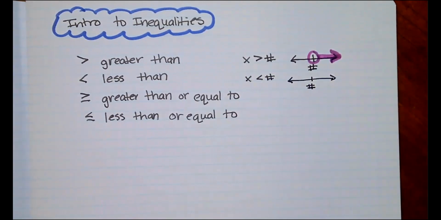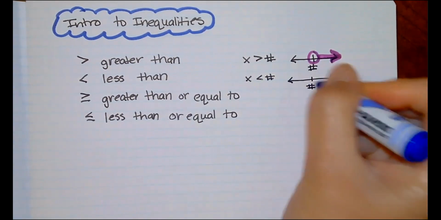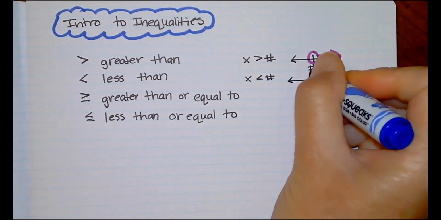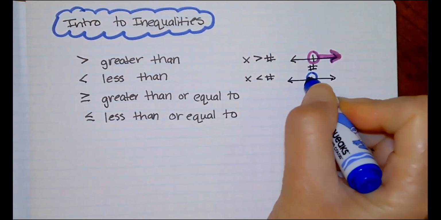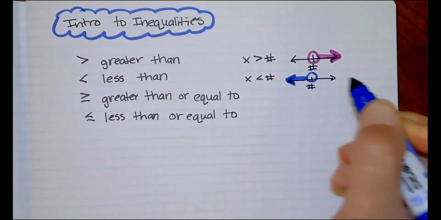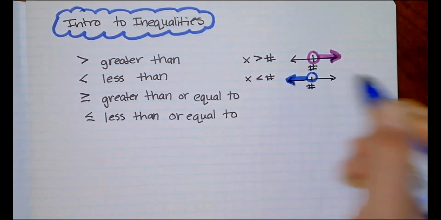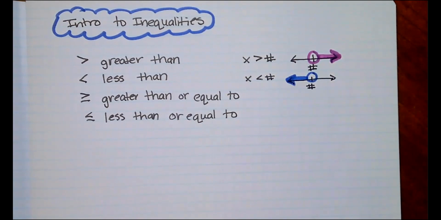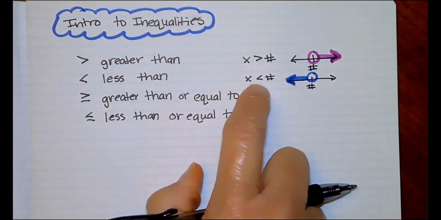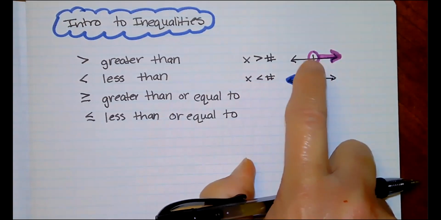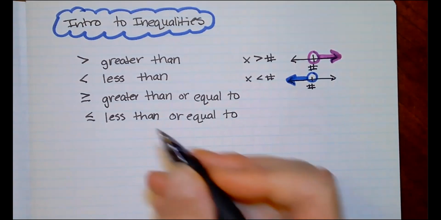And we're going to have an open circle because we're not going to be equal to that number, but this time it's less than, and less than means it's going to be to the left, numbers in front of, smaller than. Now these two are going to be like this, but what's going to change is instead of it being an open circle, it's going to be a closed circle.